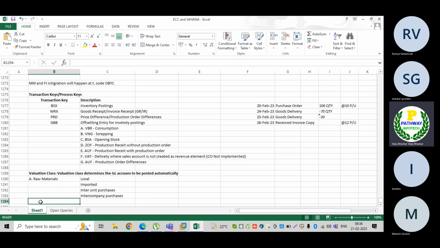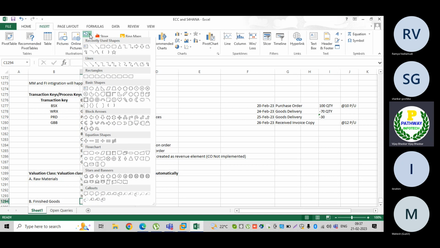Then for finished goods you will have a separate valuation class.